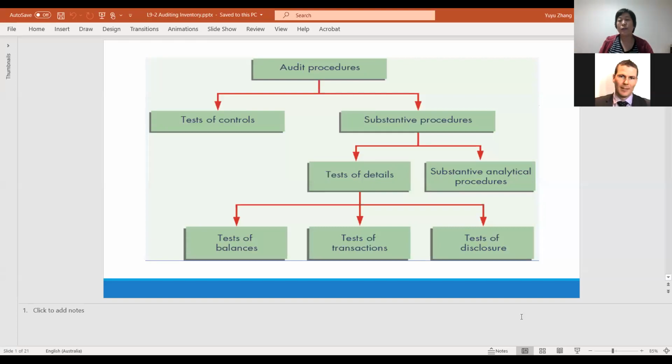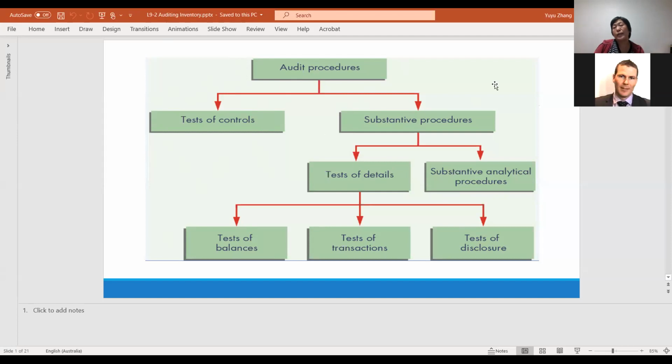Again, this part will be about part 2 of lecture 9, auditing the inventory. Remember, auditing every part actually follows the same principle. You are going to do some risk assessment, design your audit strategy, and do some test controls.